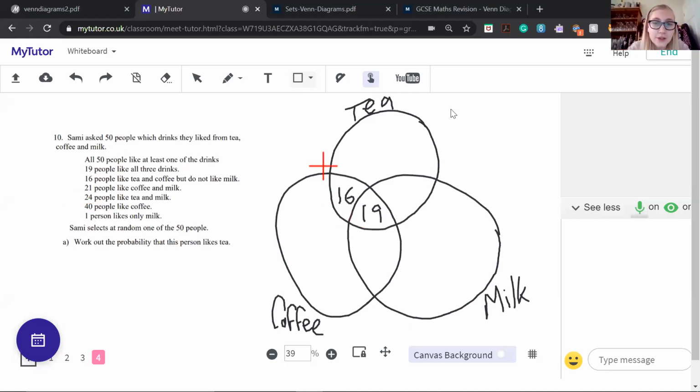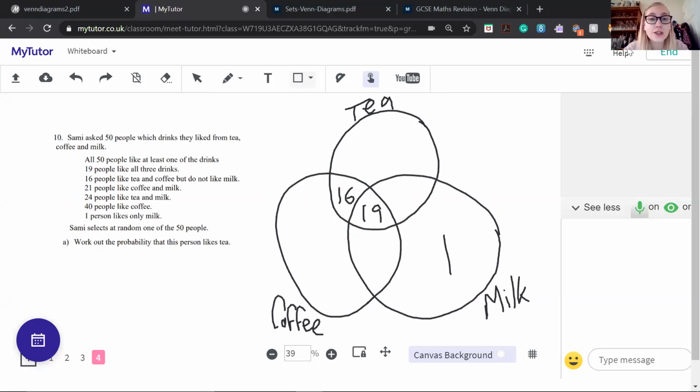So I think these two circles is 24. 40 people like coffee. So this whole circle here has to add up to 40. And one person likes only milk. So we put a 1 here because that's only in the milk circle. It's not in the coffee circle or the tea circle.